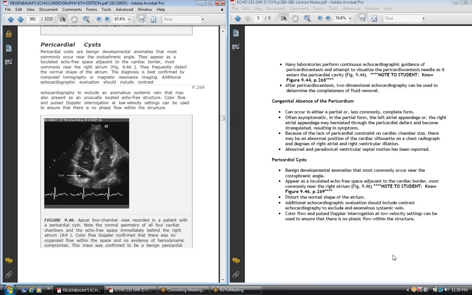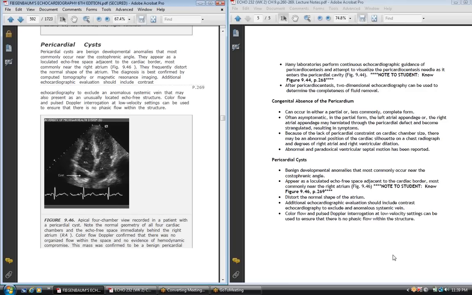Additional echo evaluation should include contrast echo to exclude anomalous systemic veins. Color flow and pulse Doppler interrogation at low velocity settings can be used to ensure there is no phasic flow within the structure. So turn color on over top of the structure.